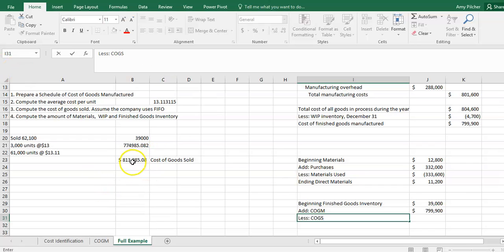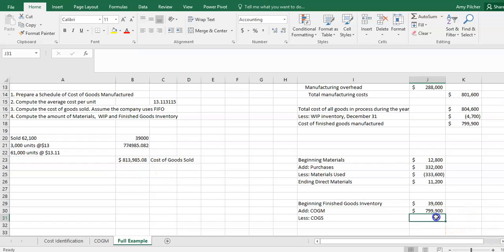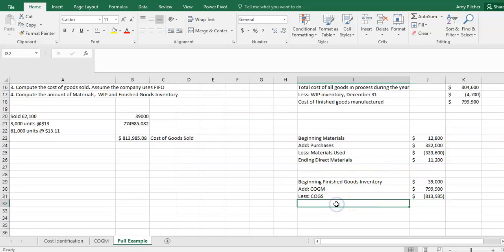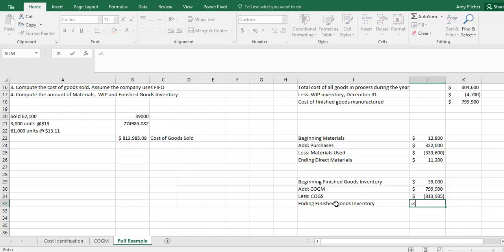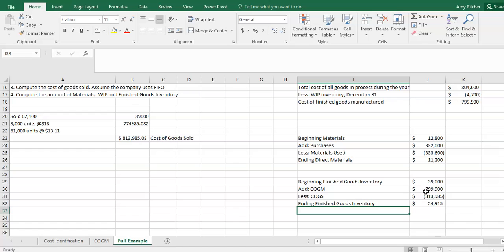We calculated our cost of goods sold here. We're not going to include the cents unless Connect asks you to go out a certain amount of decimal points. Connect will tell you if they want you to include cents. So we subtract our cost of goods sold. That gives us our ending finished goods inventory, $24,915.